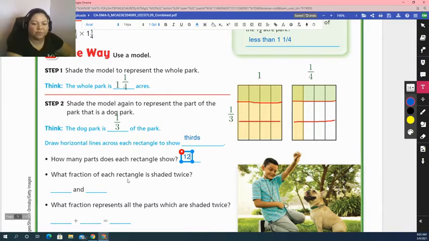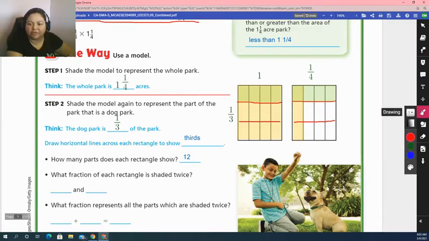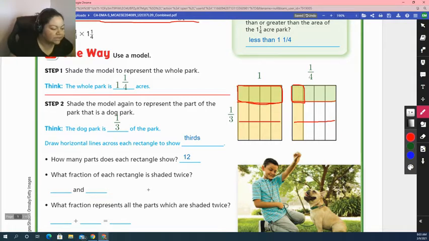So what fraction of the rectangle is shaded twice? So now we're looking at what is shaded twice, which is this part here. If you notice, it's kind of a different type of greenish yellowish, because we shaded this twice. So we want to say what fraction of that did we shade twice.